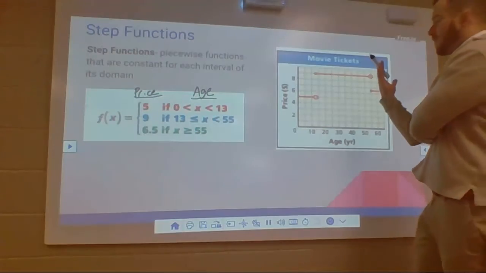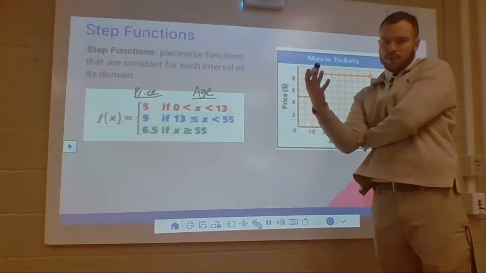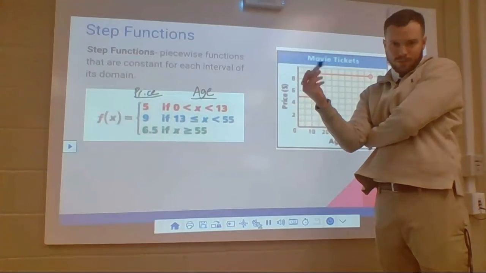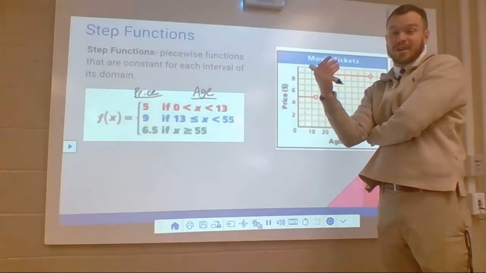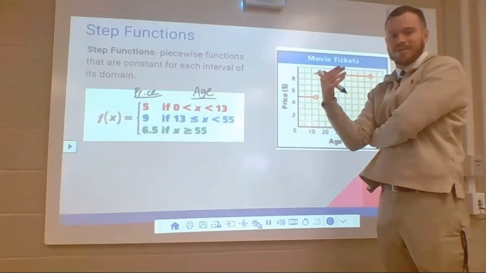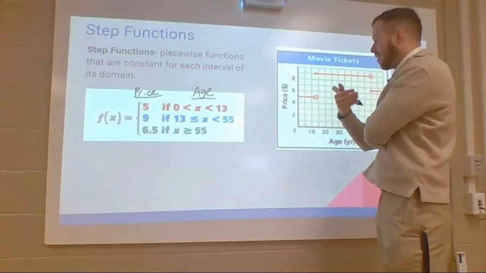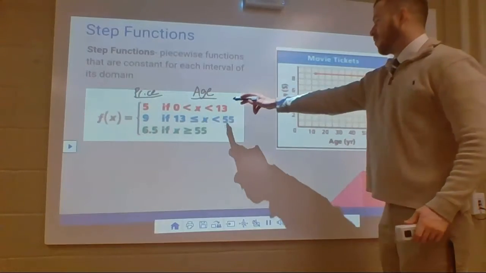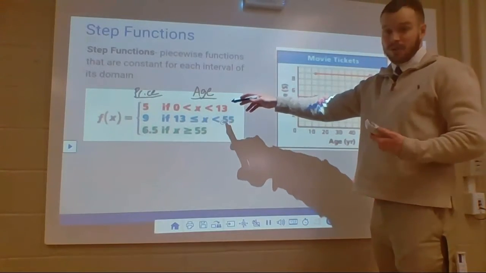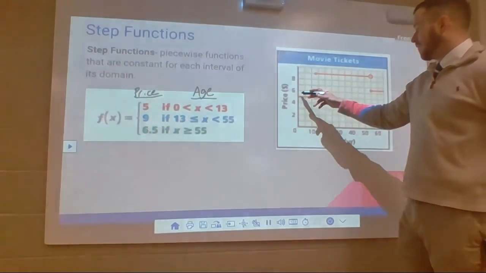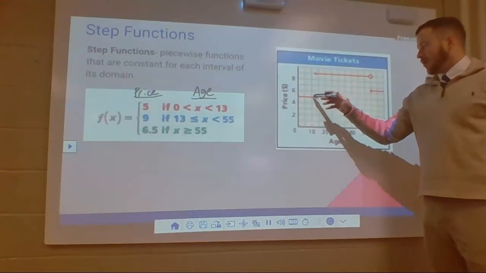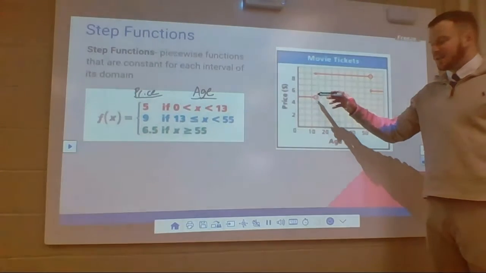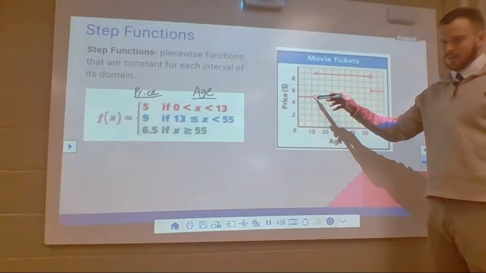So if you are 0 years old, like basically you haven't been born yet, but as soon as you're born, you're just moments greater than 0 years old, right? So as soon as you're born, until you turn 13, you pay $5, okay? So we can see right here, 13 is not filled in though, right?